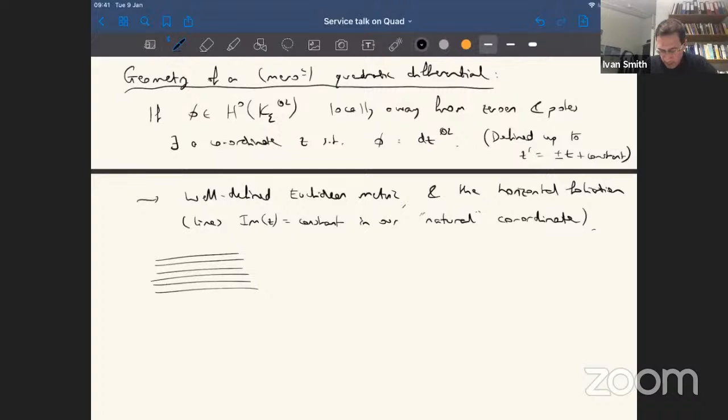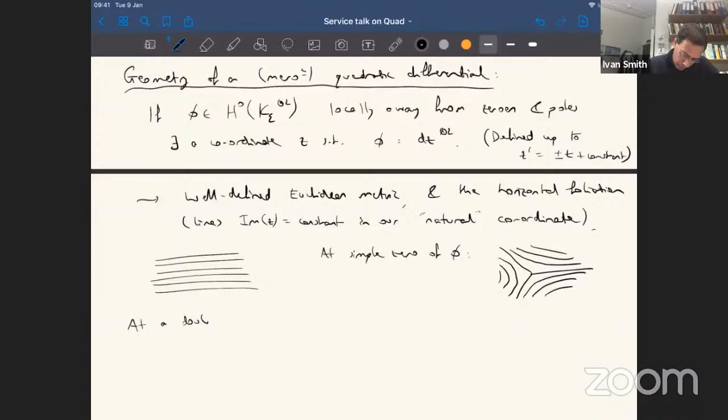And then if phi has a simple zero, this foliation becomes singular and it has a natural trivalent structure. And at, for instance, a double pole, there's actually now a parameter, there's a residue, so phi locally looks like c dz squared over z squared for some complex number c.